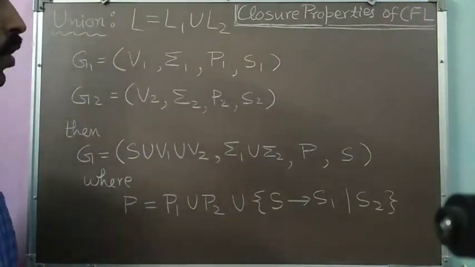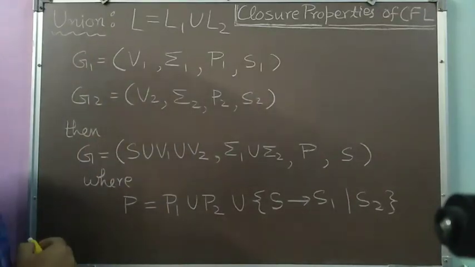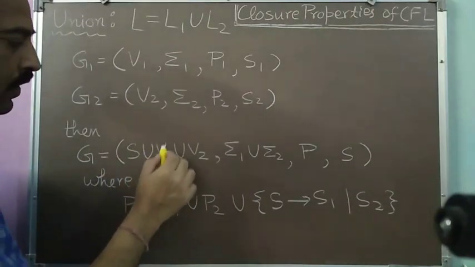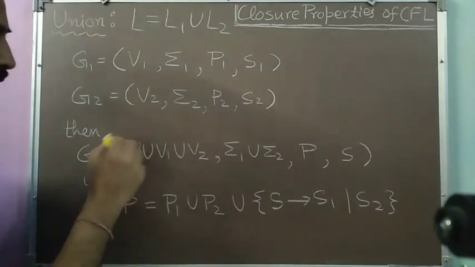So both are context-free languages. Then we can form a grammar G such that the set of variables of the grammar G is {S} union V1 union V2. We should write it like this, {S}, because it is a set.